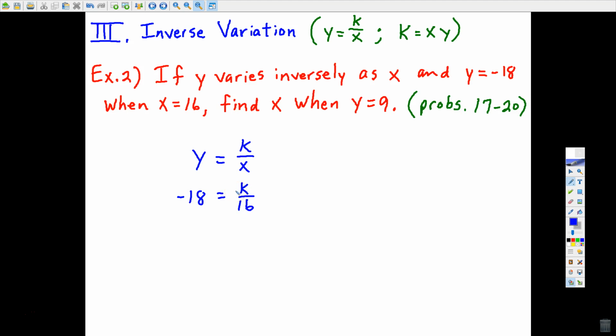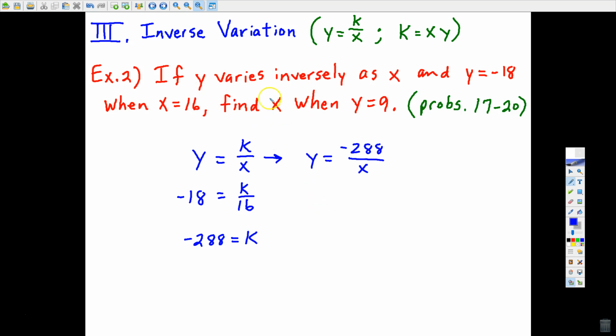You might want to grab your calculator for this. Negative 18 times 16, and that's negative 288 is k. So I went from very generic to very specific. Now I have an inverse variation function that matches what this problem is saying.